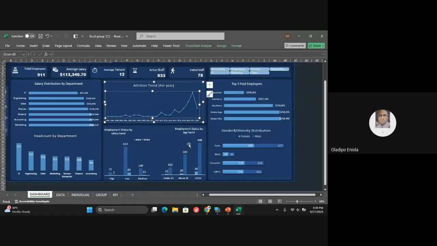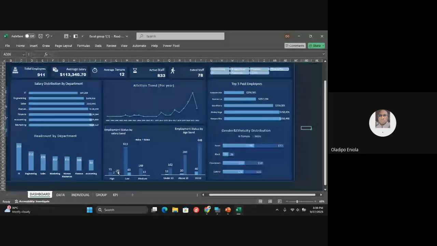Well, employment status by salary band. Next time, I think you could give more explanation to your employment status by salary band. I'm looking at it and I don't really understand. I'm seeing high, low, medium. What's the salary band? There's no explanation to that. You didn't define any actual threshold for it. So what gives you high? Which one is high?